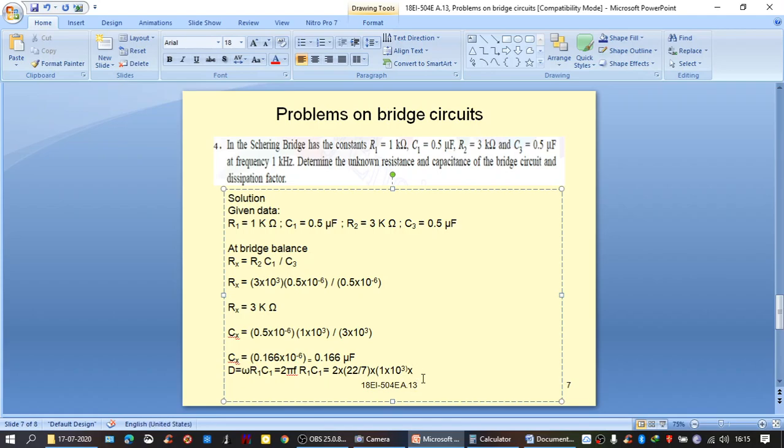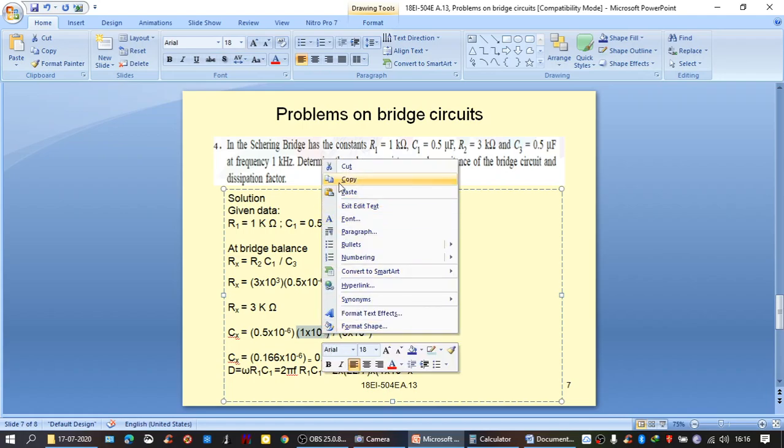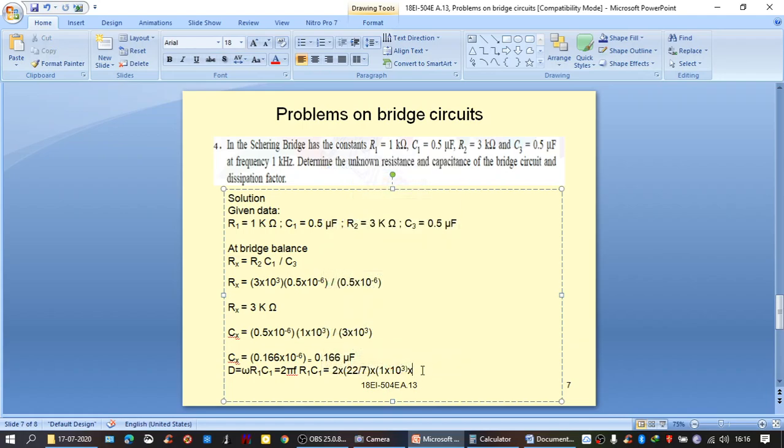2 pi F into R1 C1. R1 is 1 kilo ohm into C1 is 0.5 microfarads.